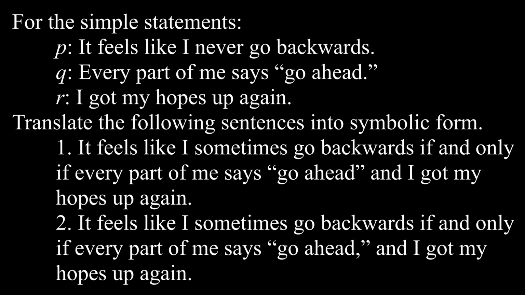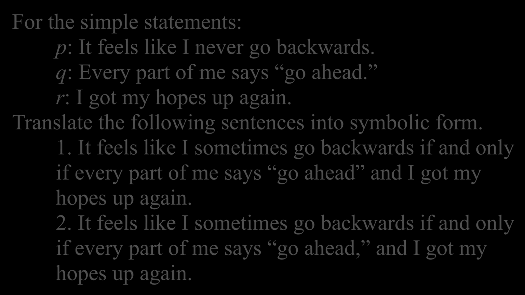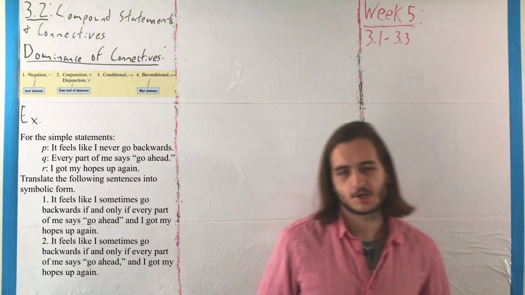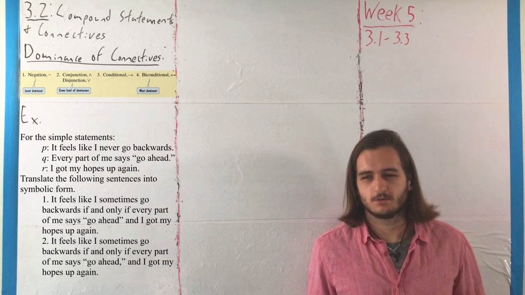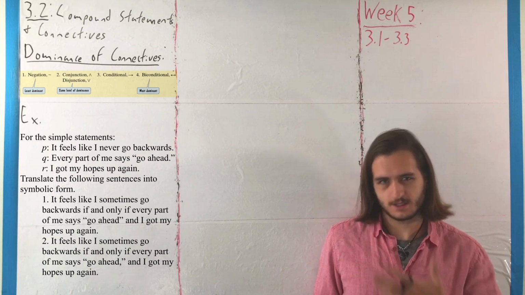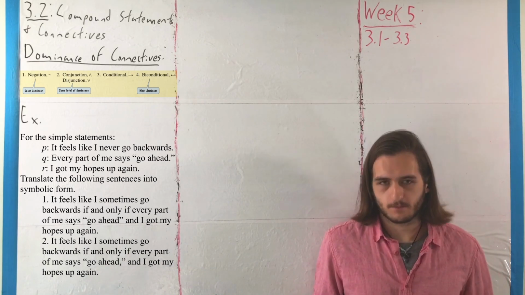We want to translate the following statements into symbols, where we have it feels like I sometimes go backwards if and only if every part of me says go ahead and I got my hopes up again, along with it feels like I sometimes go backwards if and only if every part of me says go ahead, and I got my hopes up again. Like I said, making biconditionals work with music, it's a little silly. We like a little bit less surety in our lyrics than this, but it's still a fun place to end for this section.